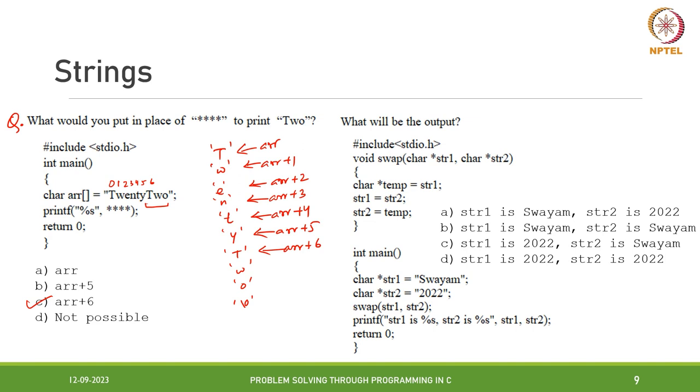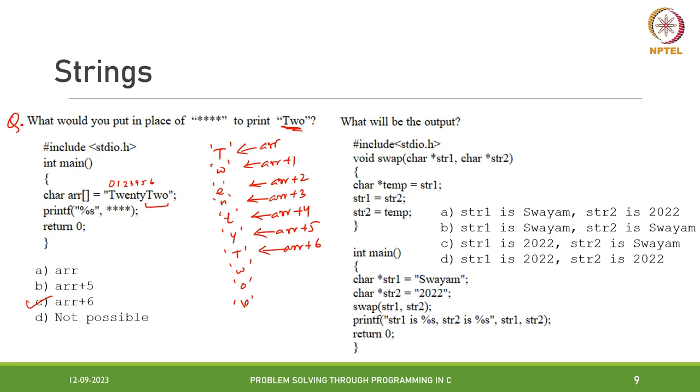Now if I write ARR plus 1, it will start printing from the next address, that is the second element of the array, so it will print WENTYTWO. Similarly, if I write ARR plus 5, it will start printing from this Y, so it will print Y, capital T, W and O. If I want to get only 2, that is TWO, I have to start the printing from the second capital T. That occurs at ARR plus 6.